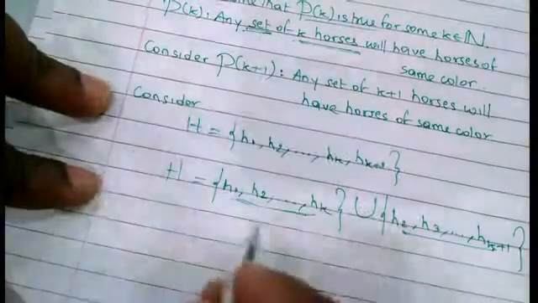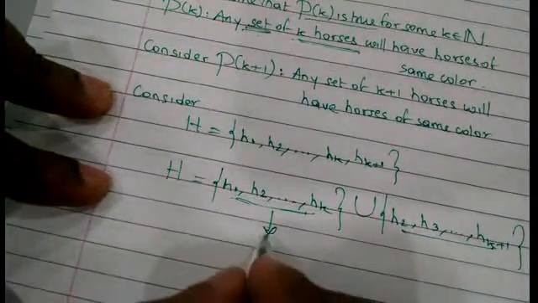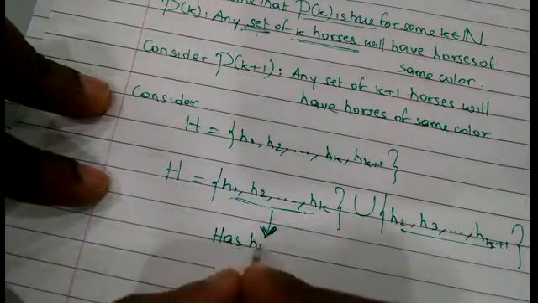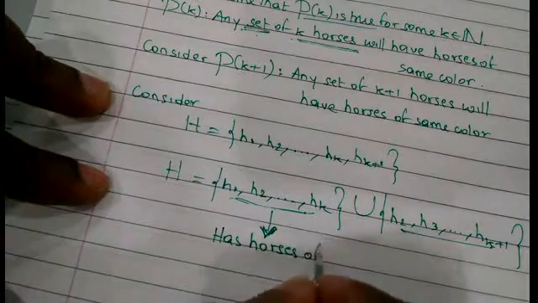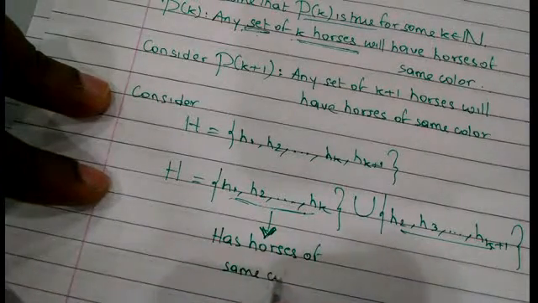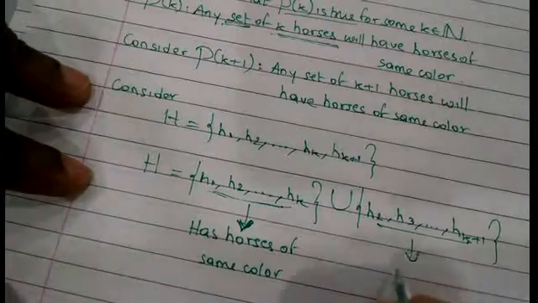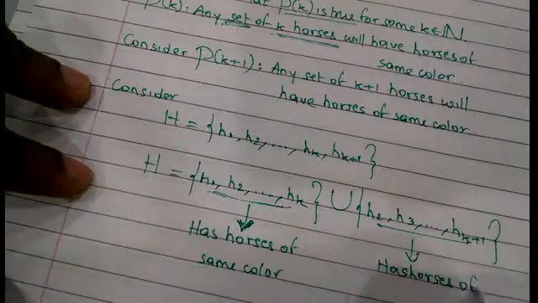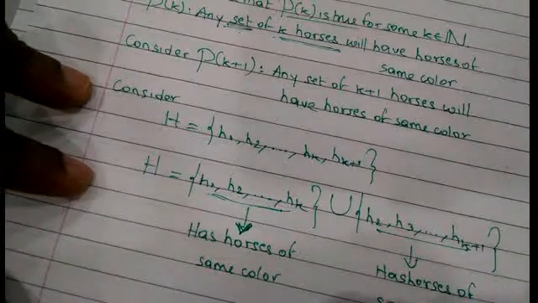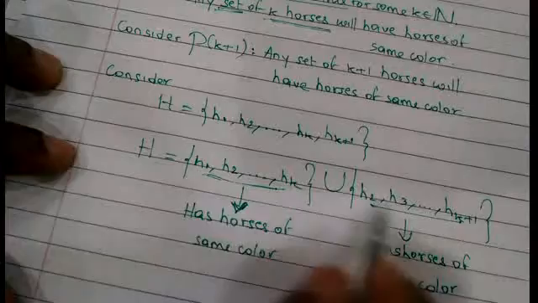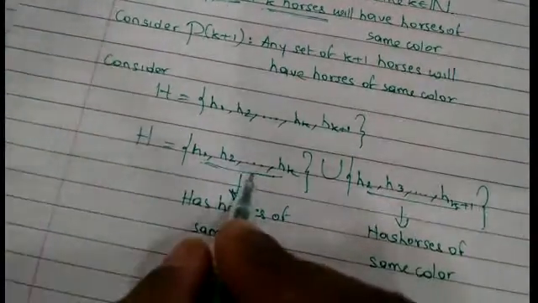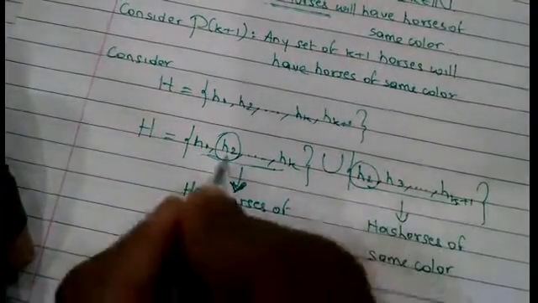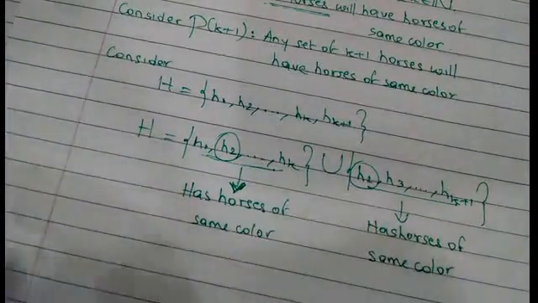So based on that, we can now conclude that this set has horses of same color. Even the other set obeys the same property. It has horses of same color. And do we have anything common between these two sets? Is there at least one horse that is common to both the sets? And the answer is yes. We have H2. And of course there may be something more than H2.